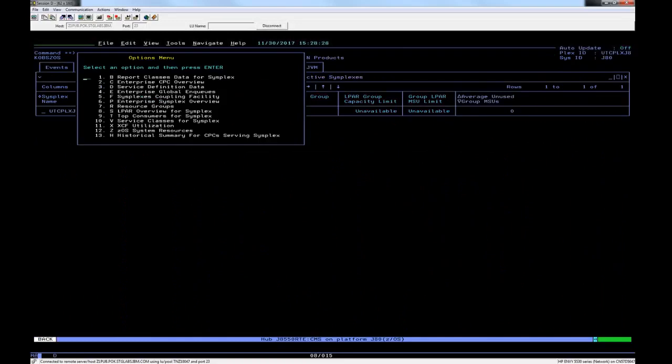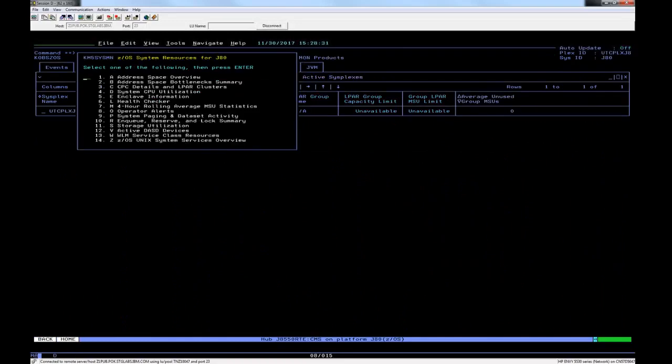Okay, let's look at z/OS resources again. And we looked at bottlenecks. Enclaves. Here's something that we show extensively. Anything you want to know about the enclaves running on your system, we have very solid reporting on that.